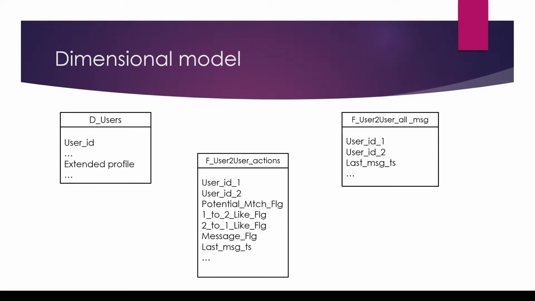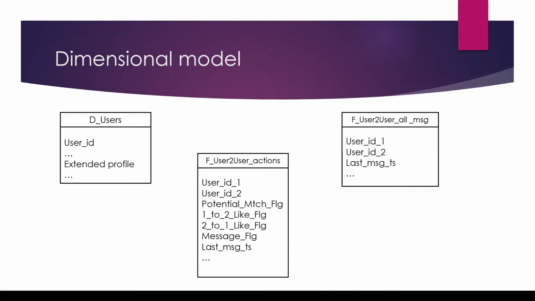So the way I see it, there are two fact tables, and they link to the user dimension table, and the user dimension table has all the user profile fields, the extended profile fields, any calculated user fields; everything gets stored in the user dimension table. The user to user action table has a link between user id 1 and user id 2.